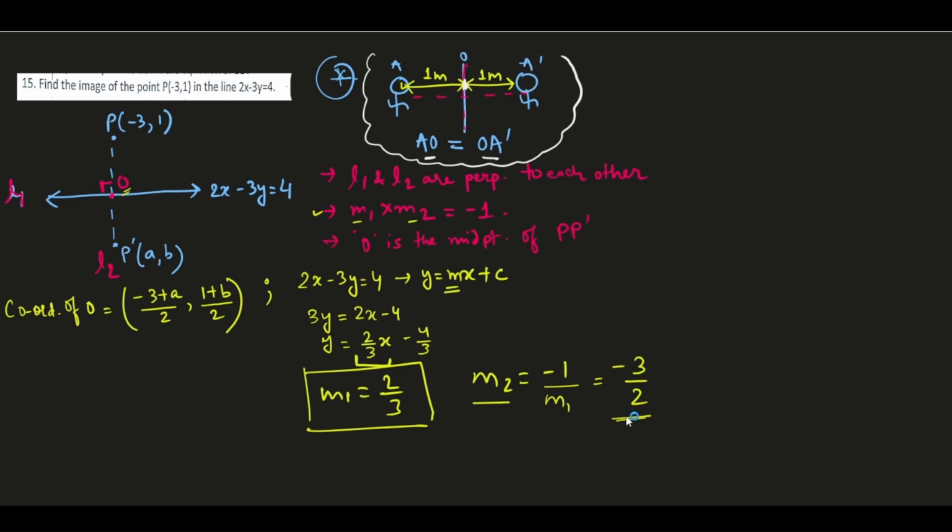Now this M2 that has come out is the slope of the line L2, which is nothing but PP dash. Since O lies on L1, we can say that O lies on the line L1 and O satisfies the equation 2x - 3y = 4. And we already know the coordinates of O because we already calculated them, so we can directly substitute in this equation.